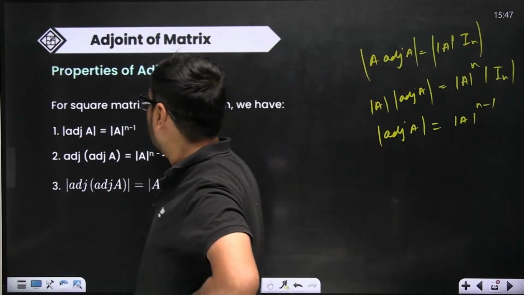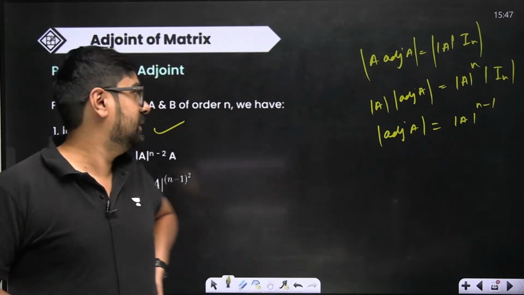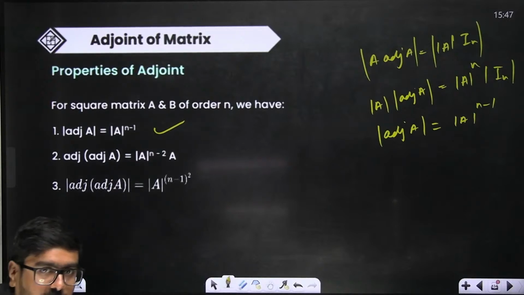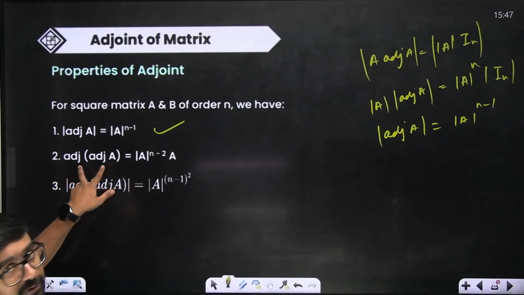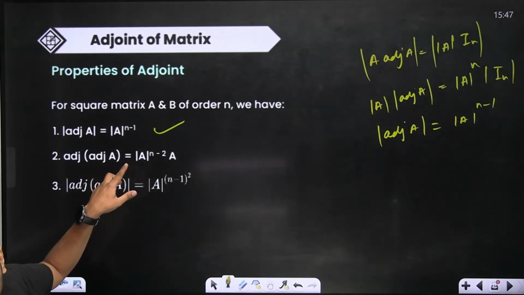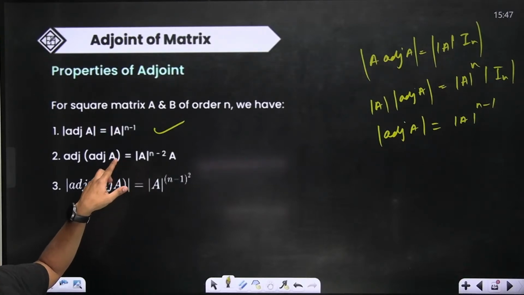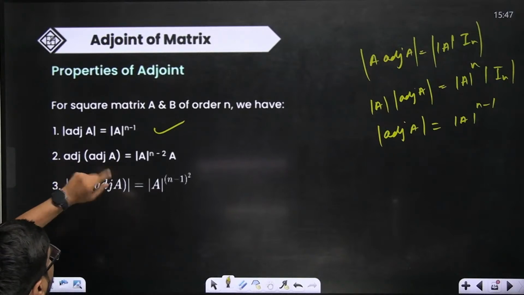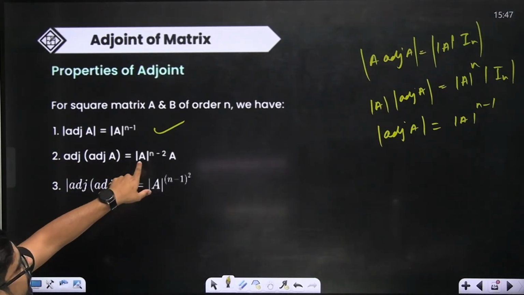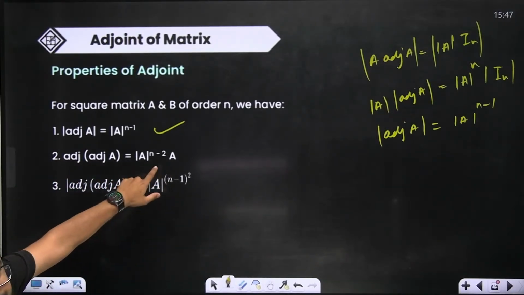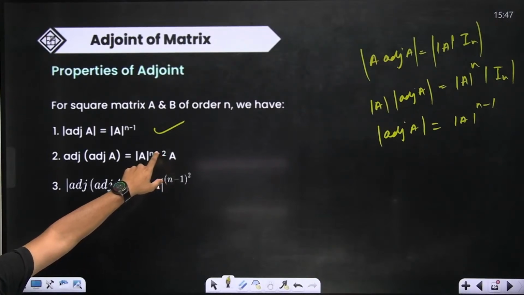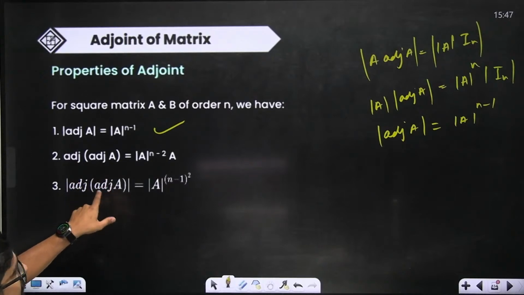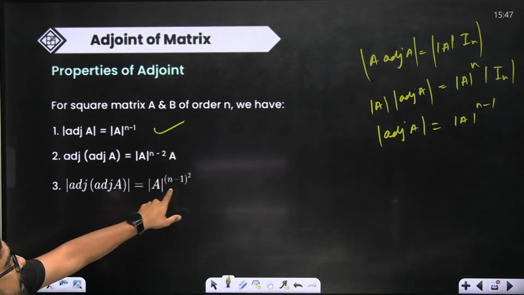This derivation, if you can remember, then you can solve all of these very easily. The second one, adjoint of adjoint of A. This adjoint of A will be a matrix only. This will be equal to determinant of A to the power n minus 2 multiplied with the same matrix A. Determinant of adjoint of adjoint of A will be determinant of A to the power n minus 1 whole square.